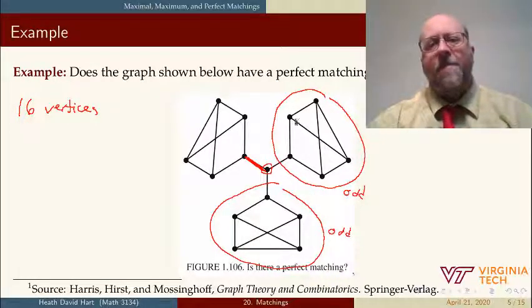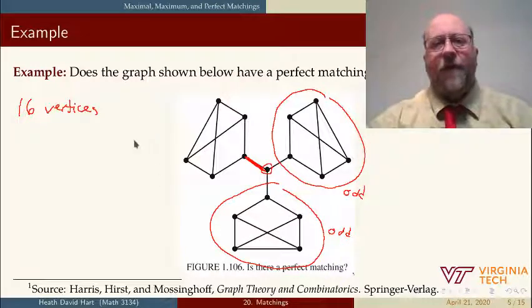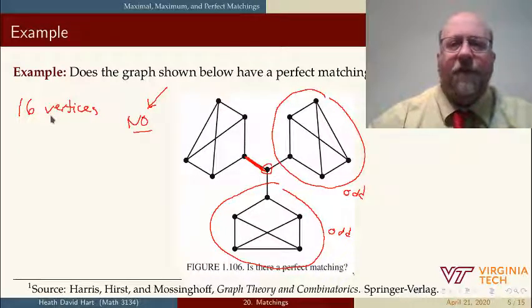So I cannot match these 5 vertices together perfectly, and I can't match these 5 vertices together perfectly. And so I will always have some unmatched vertices. And so this graph does not have a perfect matching, even though it has an even number of vertices.